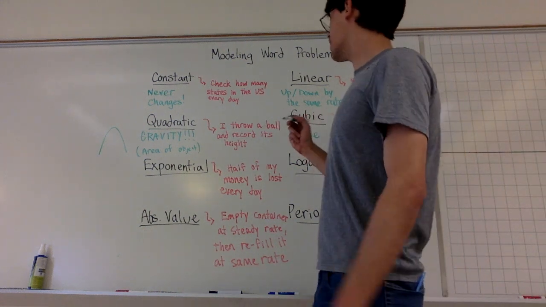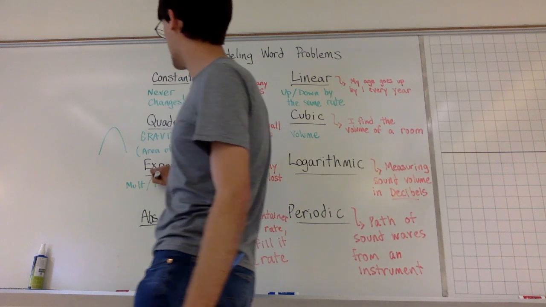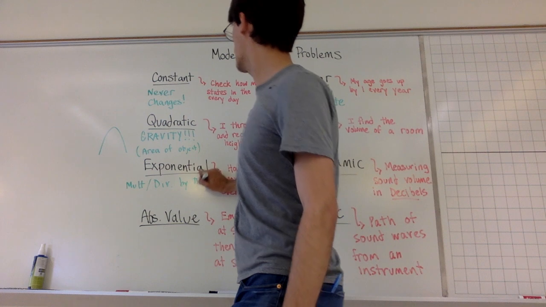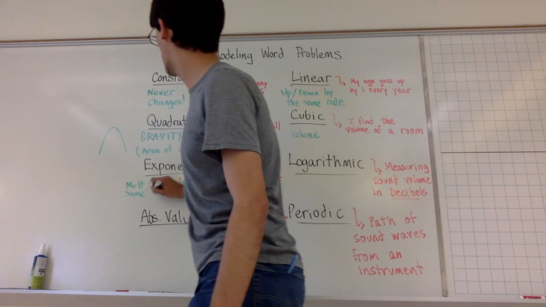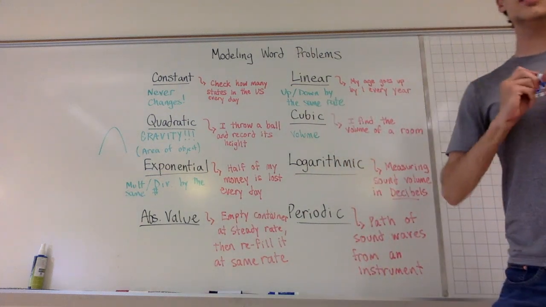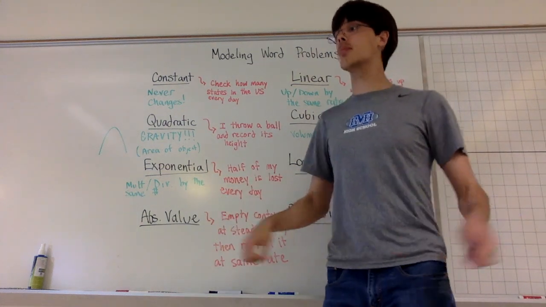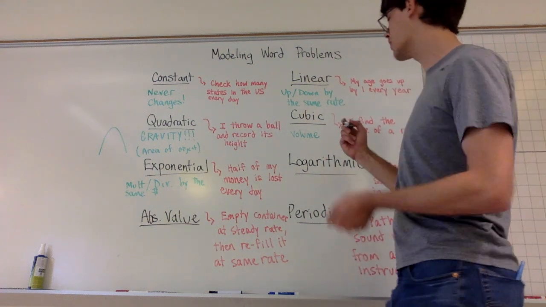And an equation is exponential if you multiply or divide by the same number. So if you are repeatedly multiplying something by 2, or multiplying something by 4, or dividing something by 7, whatever the case may be, if you multiply or divide by the same number, that's exponential.